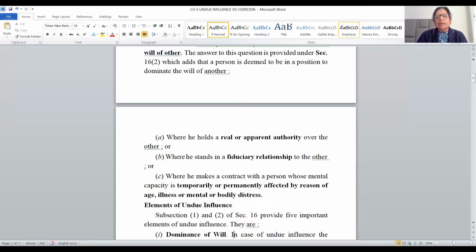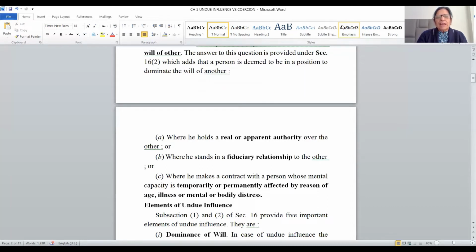For example, a relationship of master and servant, police officer and accused person. The police officer has authority over the accused person. Similarly, master has authority over the servant. When we talk about apparent, it is implied authority. This authority may be actual or it may be implied.